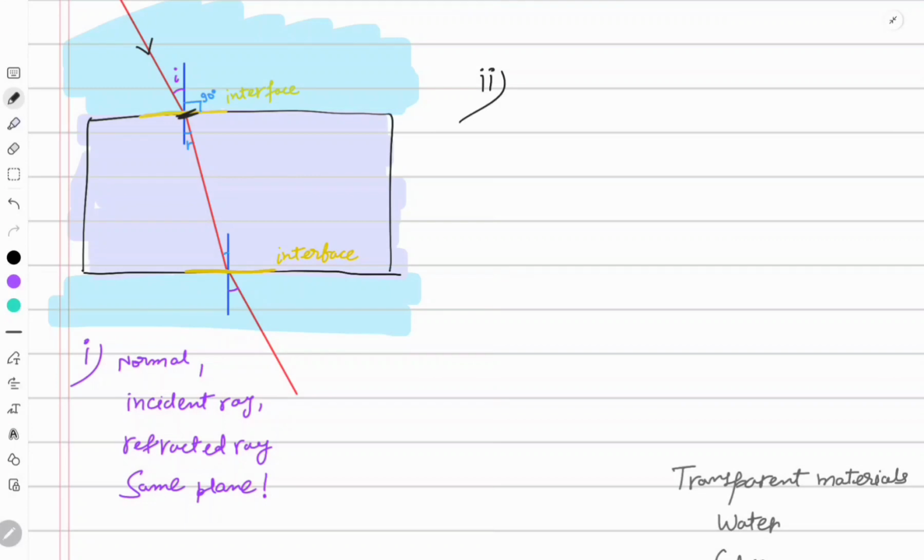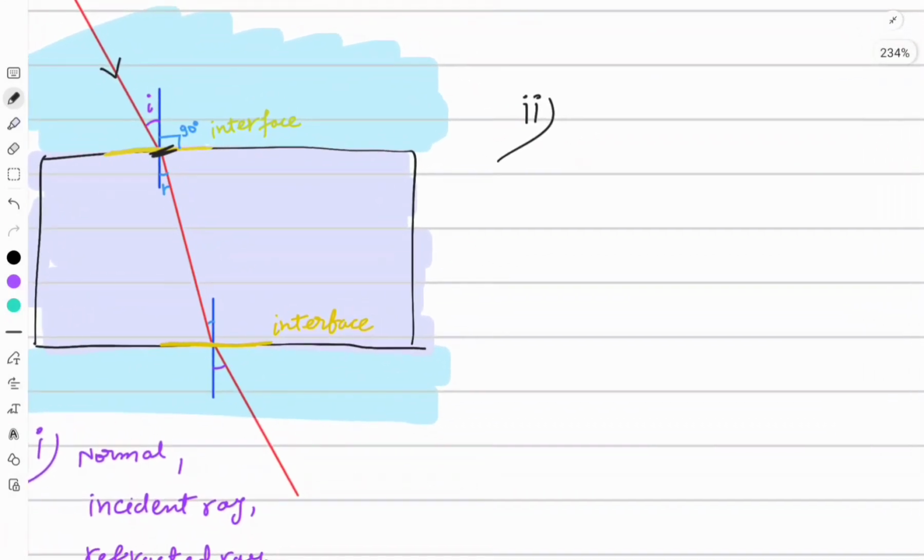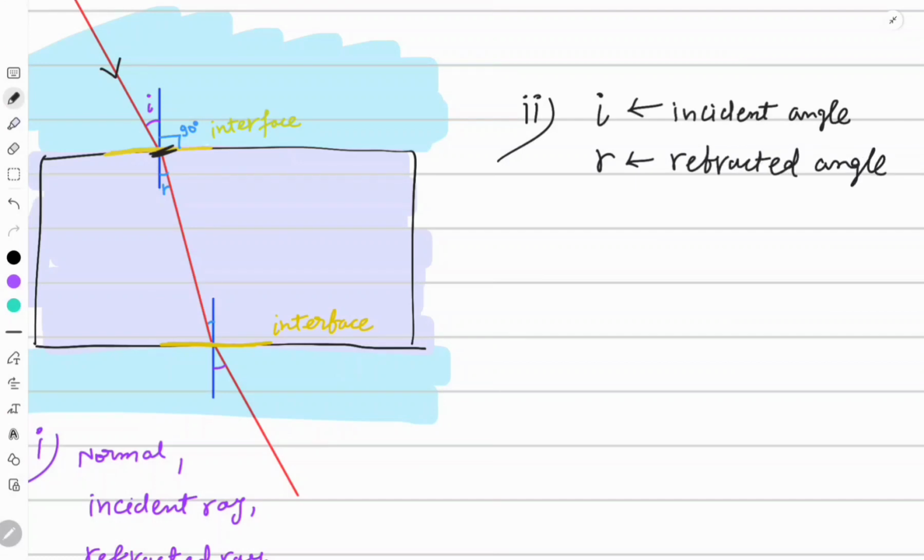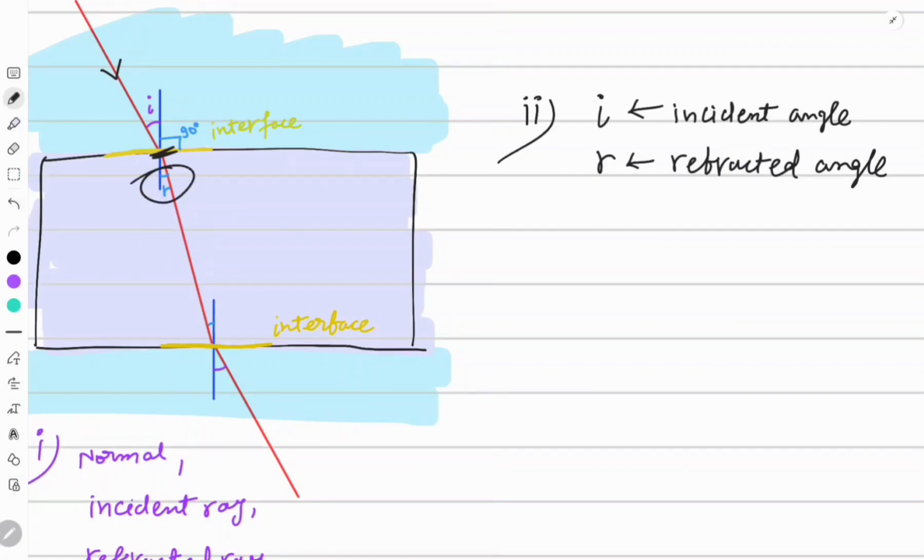We had to find a relation between this I, the incident angle, because the incident ray makes that angle from the normal, and R, the refracted angle. R is the angle made by the light and the normal in the medium in which it has been refracted.